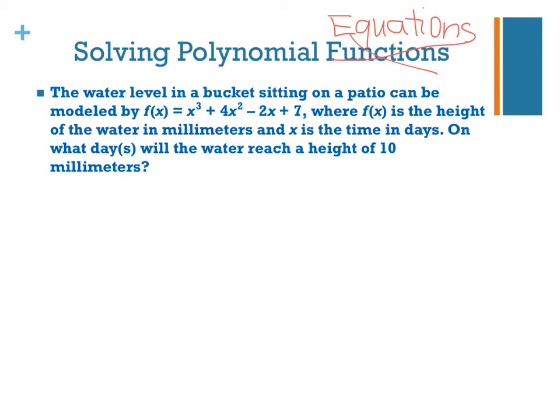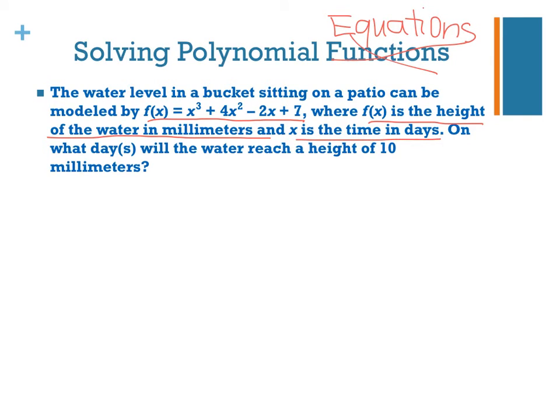And in this example, the water level in a bucket sitting on a patio can be modeled by f of x equals x cubed plus 4x squared minus 2x plus 7, where f of x is the height of the water in millimeters and x is the time in days.